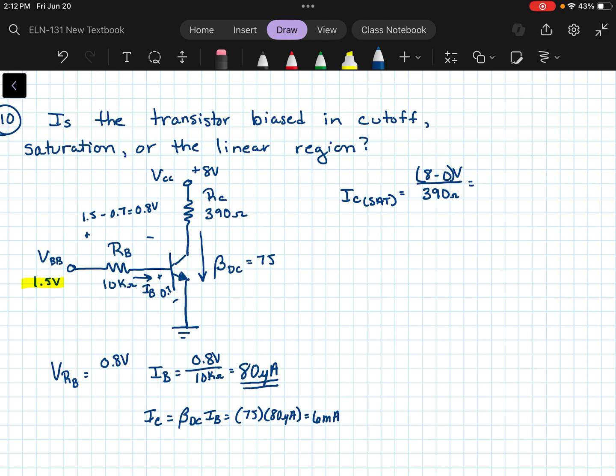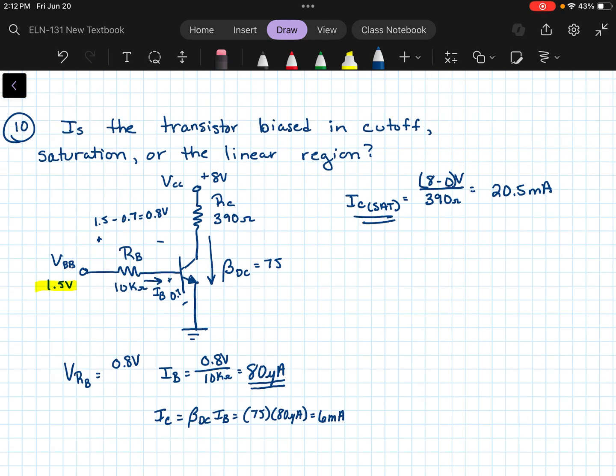So 8 divided by 390 will give us whatever that maximum current is we could have, which was about 20.5 milliamps. That is our saturation current. That is the greatest current we'd expect to see, and at that point we're in saturation. So IC is much smaller than IC sat. So that tells me that we are operating in the linear region.